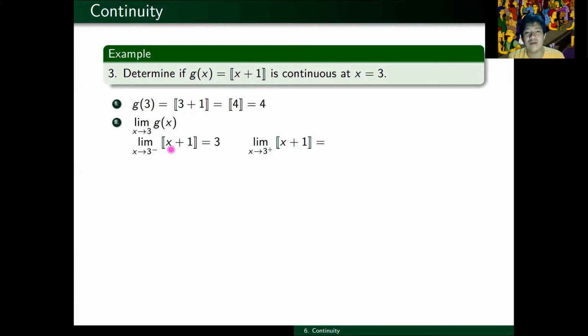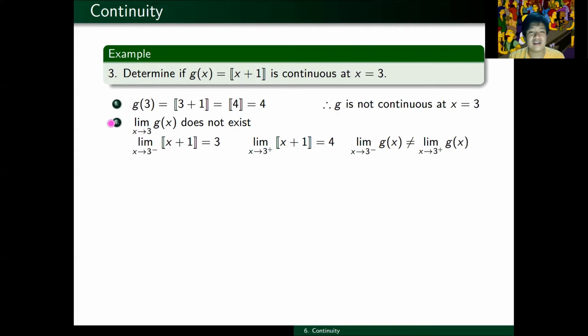Kapag naman kinuha mo yung limit as x approaches 3 from the right, if you try to plug in values of x close to 3 from the right, let's say 3.01, you'll get GIF ng 4.01, that is 4. So, ano masabi mo, limit from the left and from the right, magkaiba. So, the limit of this function does not exist. So, second condition fails. We can stop right here and say that g is not continuous at x equals 3.